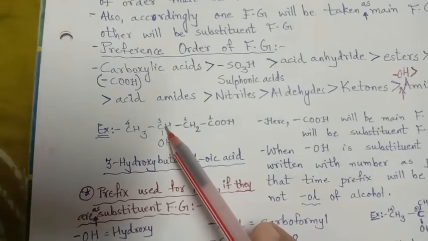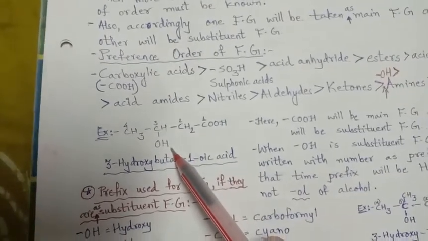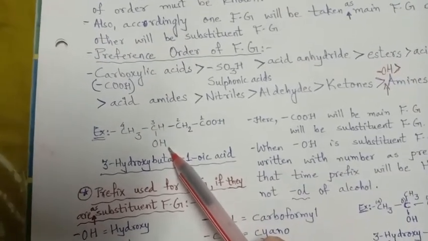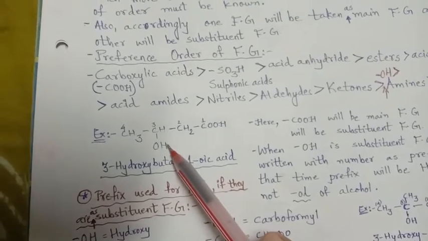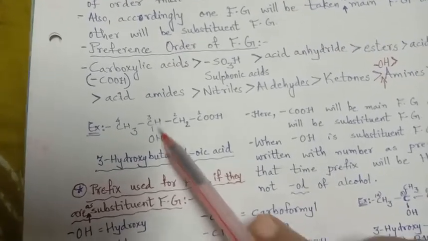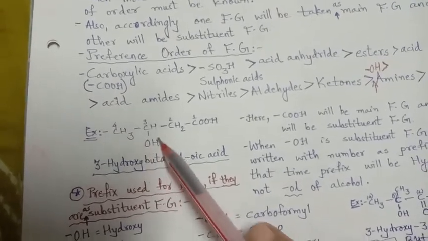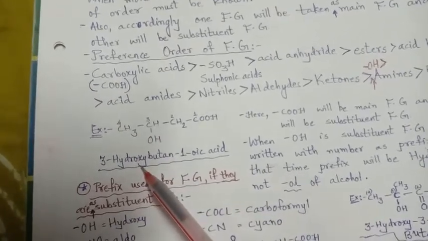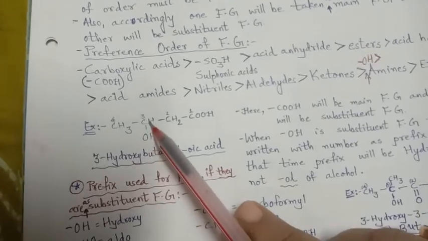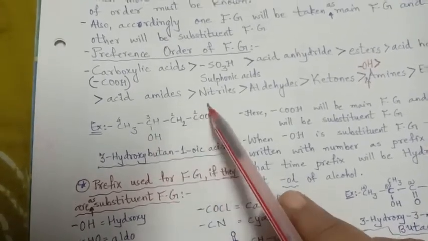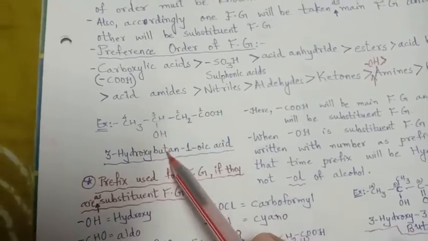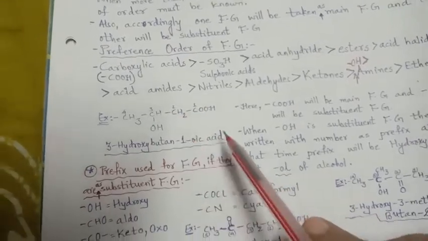So 3. Now here OH alcohol will not take suffix -ol because it is a substituent group. It will be in the prefix position. So alcohol will now be given as hydroxy. 3-hydroxy, 1, 2, 3, 4 butane, 1-oic acid.